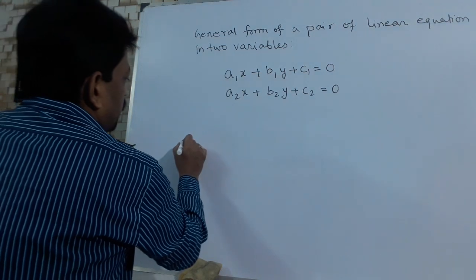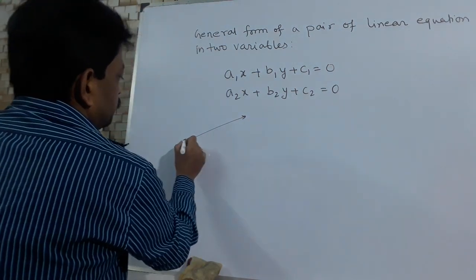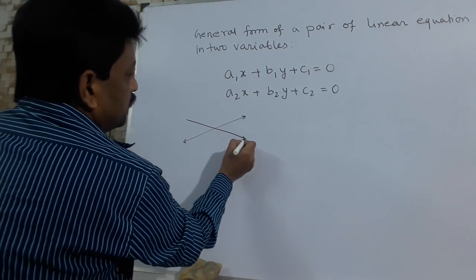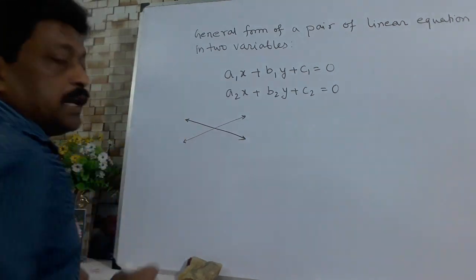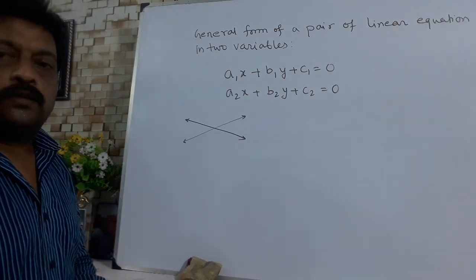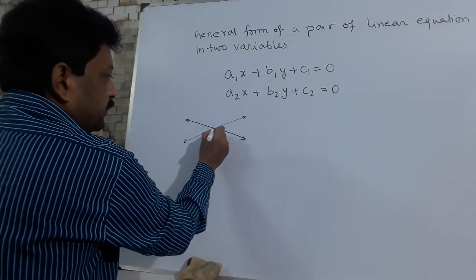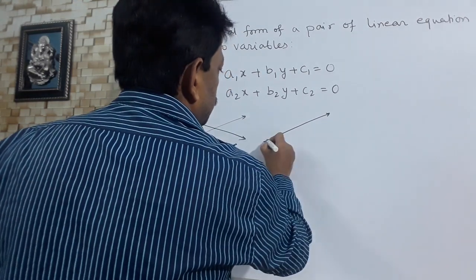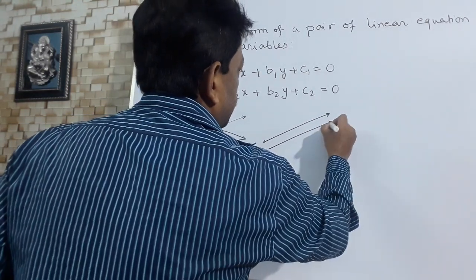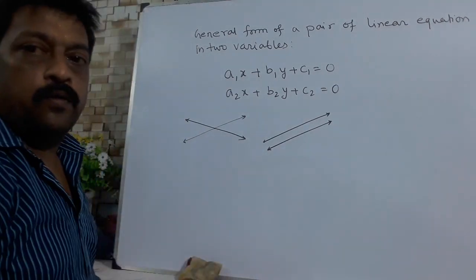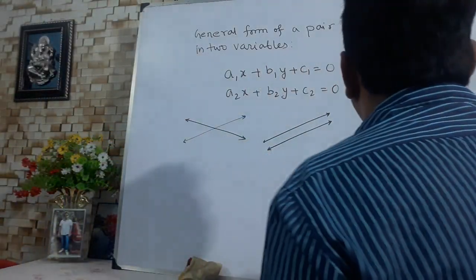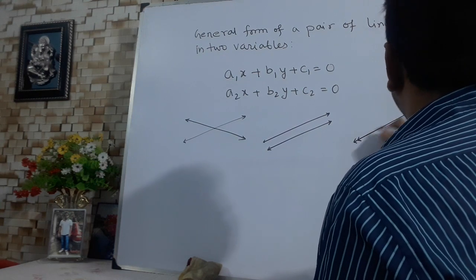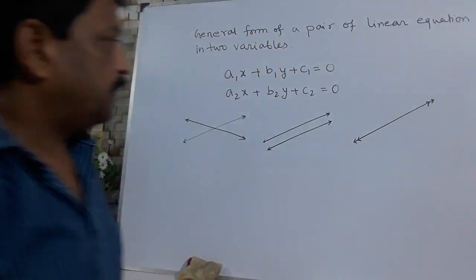Since we have taken two equations, they will represent two lines. So either these two lines will intersect at a point, or these two lines will be parallel to each other, or these two lines coincide with each other like this.